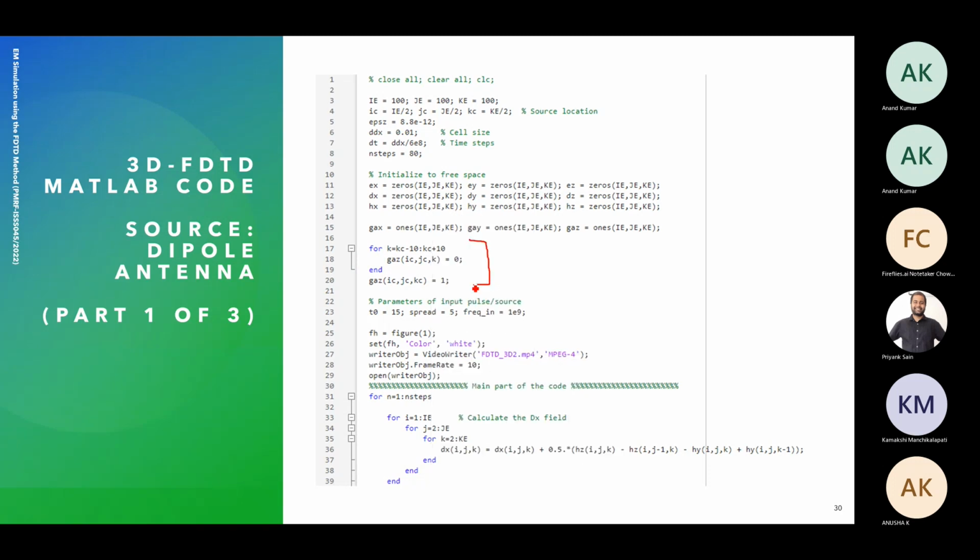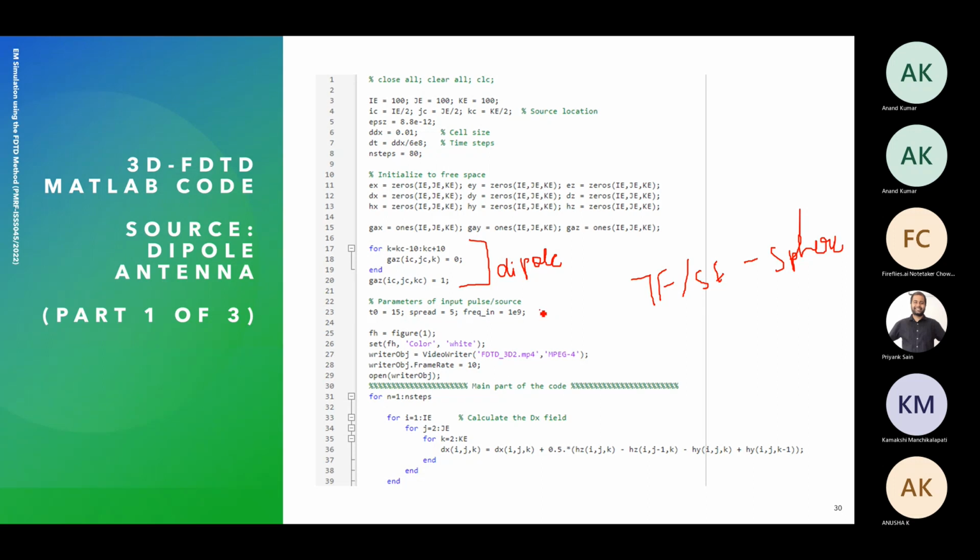This is where we specify the dipole. And in case of the TFSF formulation, this is the place where you will specify your cylinder or sphere. So over here only you will specify the sphere when doing the TFSF formulation.